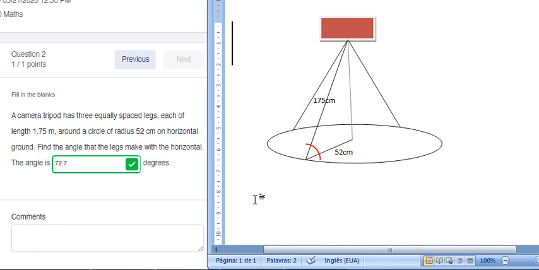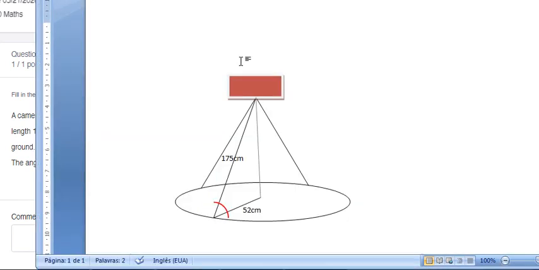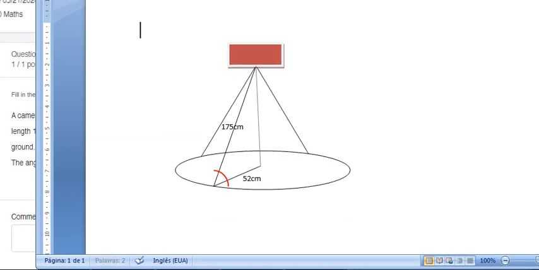Let me write down our work. Now that we have the problem here, I'm going to write down the calculation.